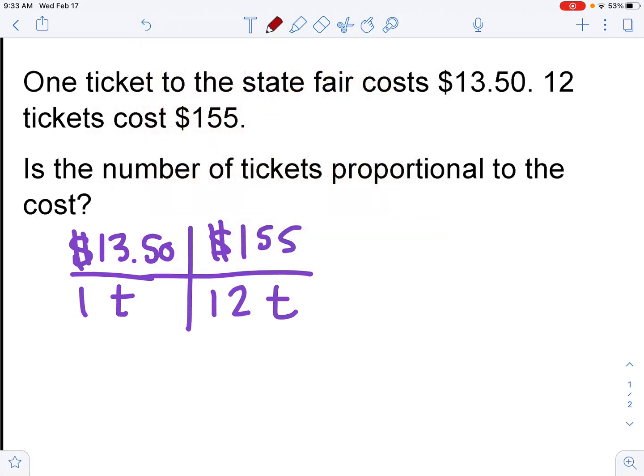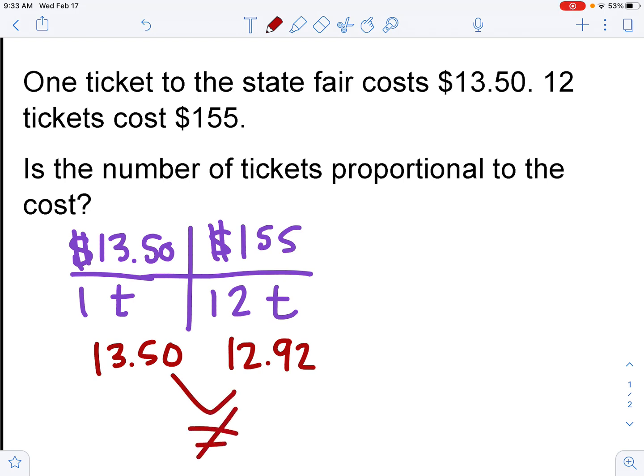Okay, so the rate here is $13.50 because when I take $13.50 divided by 1, I get $13.50. When I take $155 divided by 12, I get $12.92. These rates are not the same, so this is not proportional.